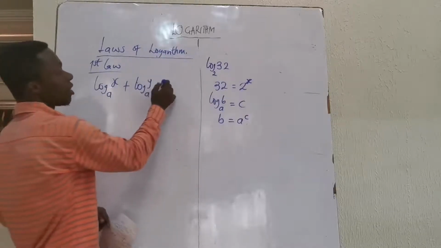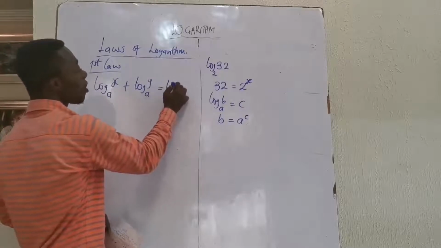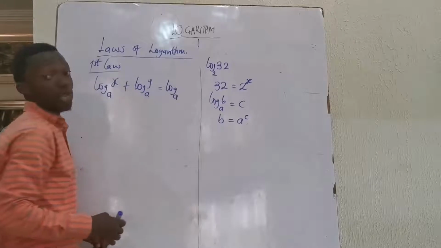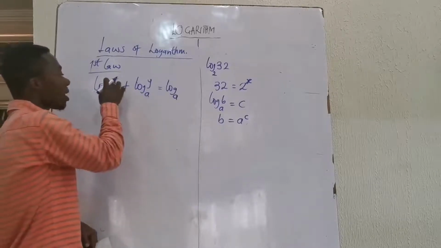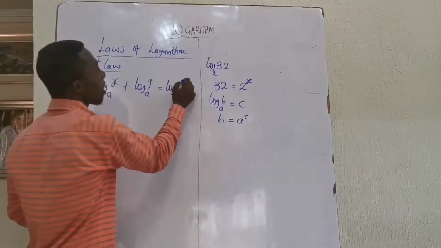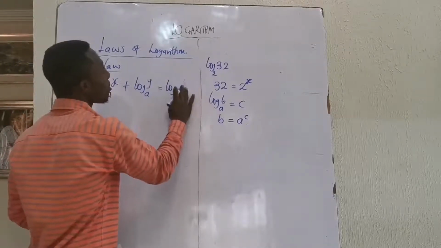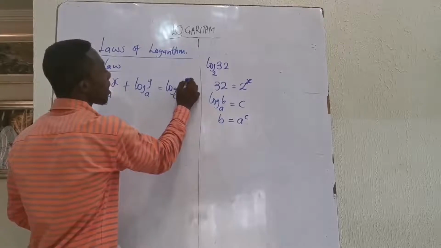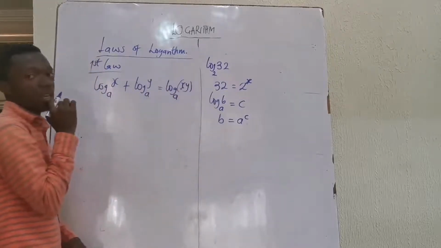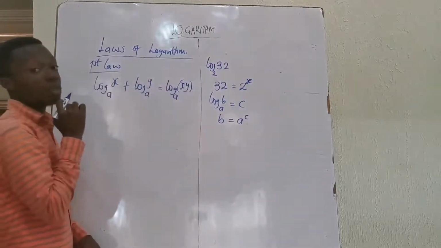So it becomes log to the base of a of x multiplied by y. This is why I call this the multiplication law.